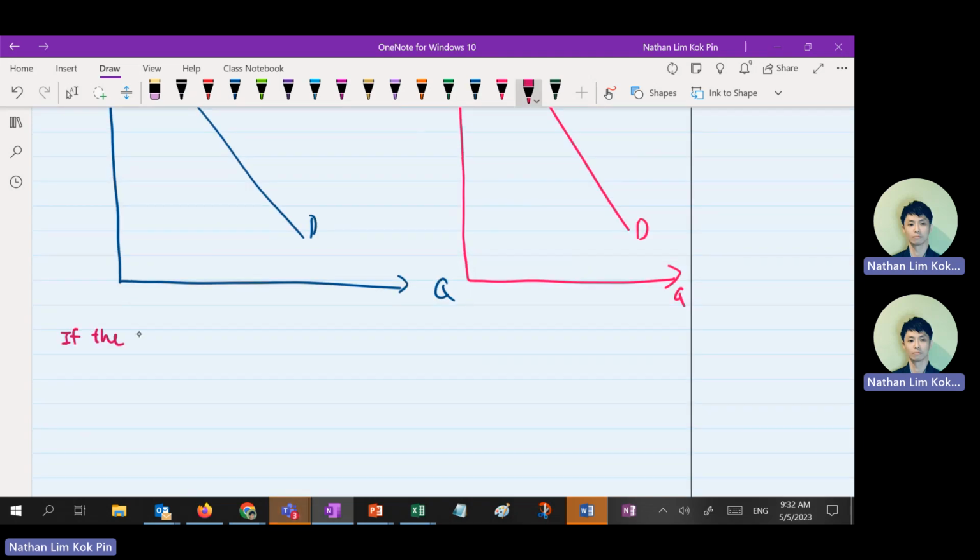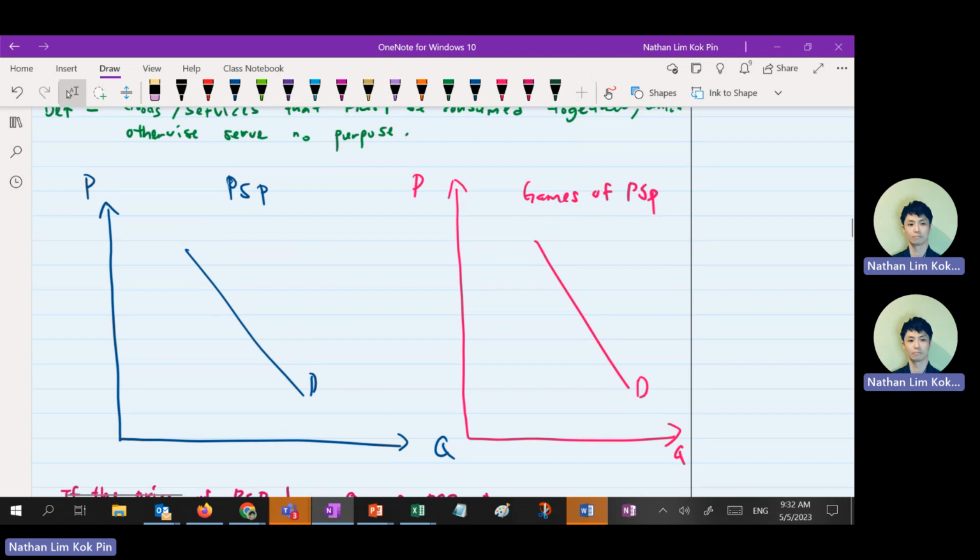If the price of PSP went down, what will happen to PSP? Quantity demanded of PSP will increase. He uses demand. This is why I minus mark. Makes sense, because it's the price of the good itself. Price of the good itself must use quantity demanded. Okay?